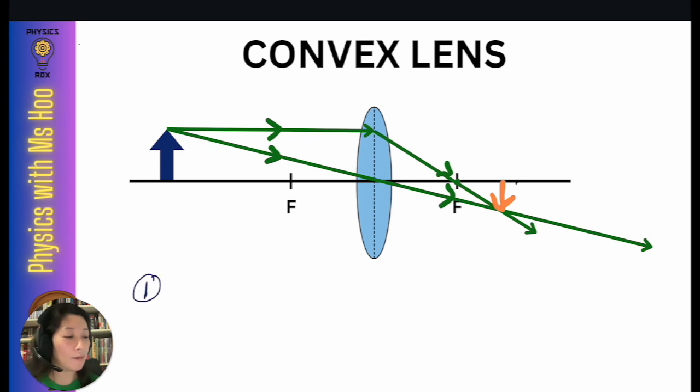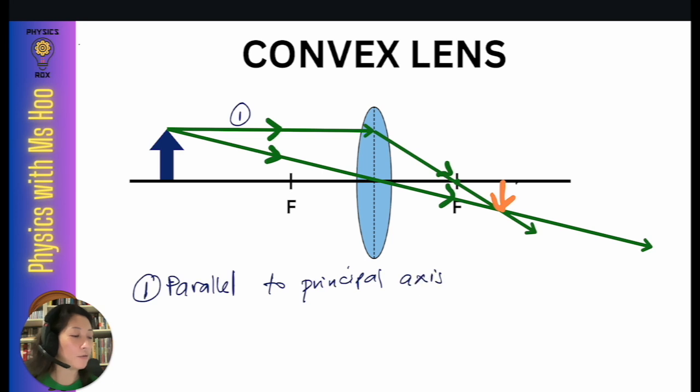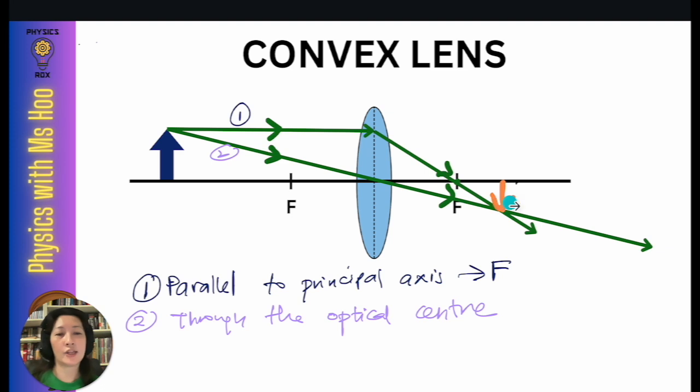So number one, you draw the light ray that is parallel to the principal axis, and after it goes to the center of the lens, it should go through the principal focus on the other side, F. The second light ray that you want to draw should just go straight through the optical center. And the intersection you get, that's the position where the image is formed.